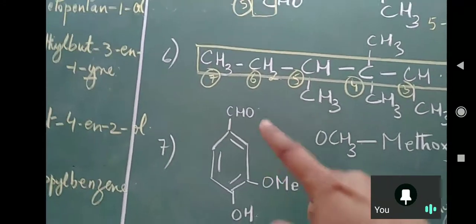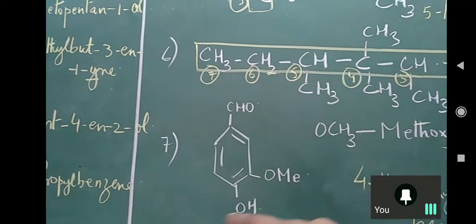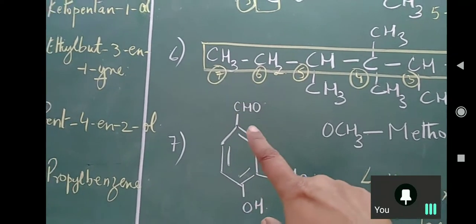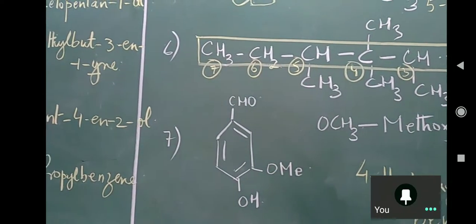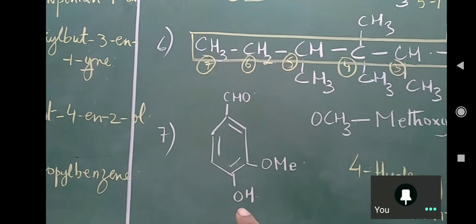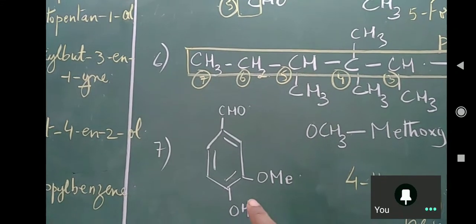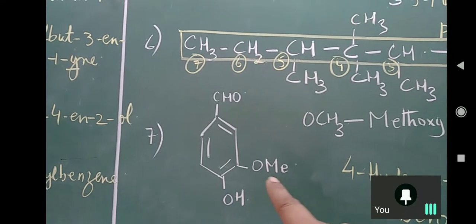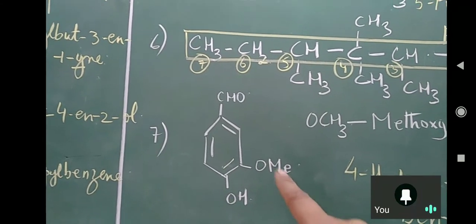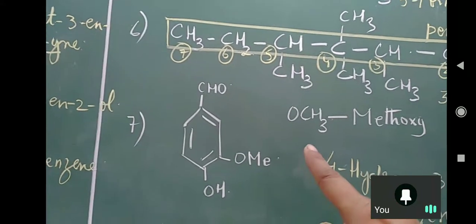All right. Look here. This is the benzene ring. This is aldehyde group. This is OH group. And this OMe stands for methyl. So OCH3 is methoxy group.